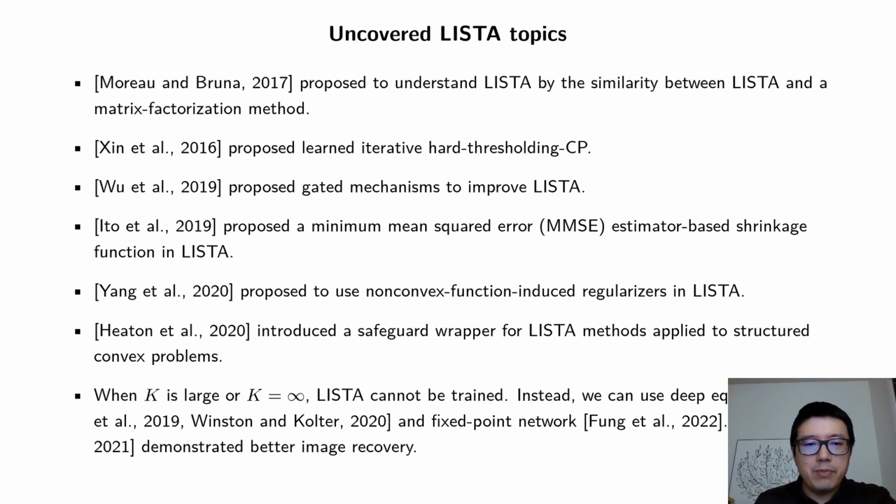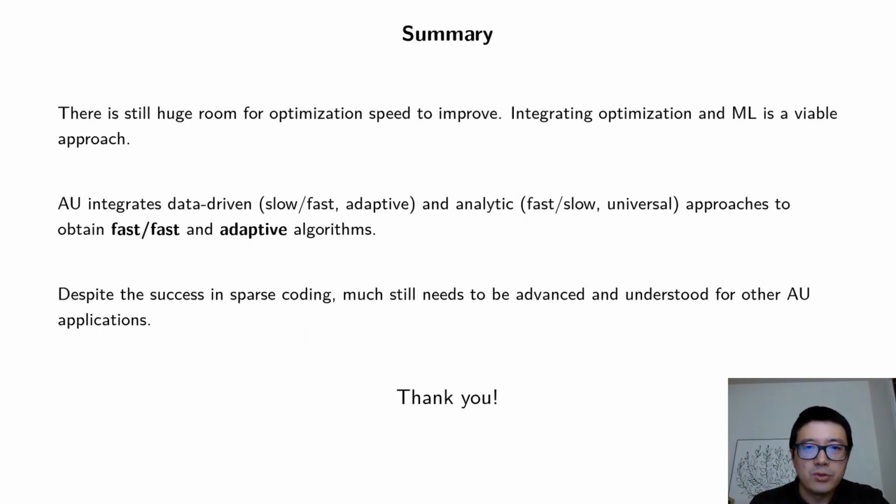There's a series of papers by Coulter's group, and we also have a series of papers in my group and others, in Rebecca Willett's group, that created this idea and applied it to monotone fixed point networks, non-expansive fixed point networks, and monotone operators, and demonstrated that such a technique, allowing K to go to infinity, has better image recovery quality than algorithm unfolding.